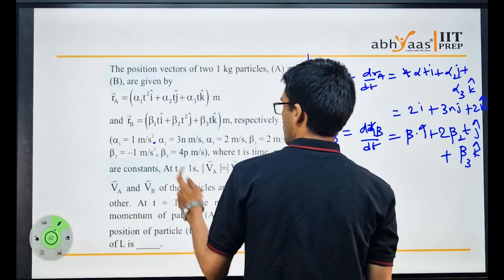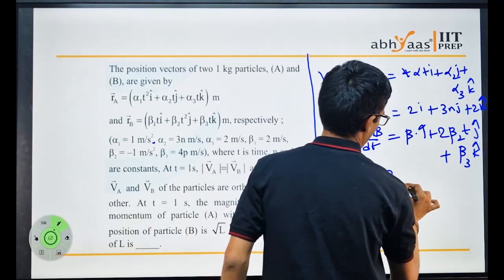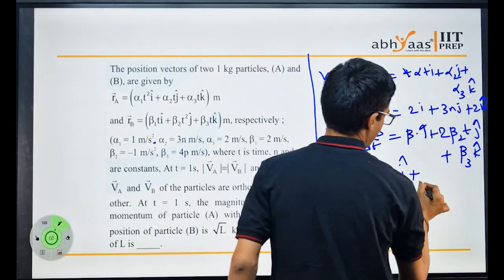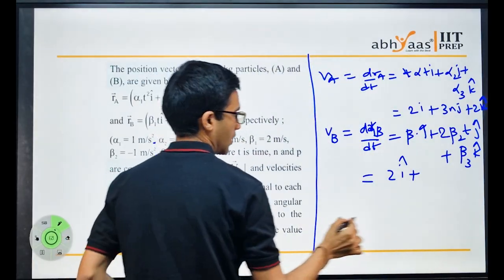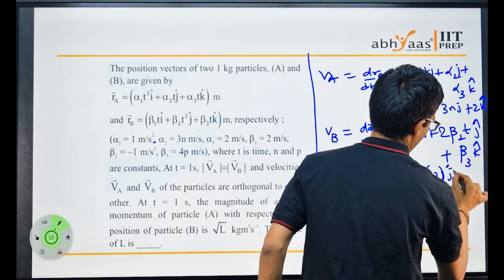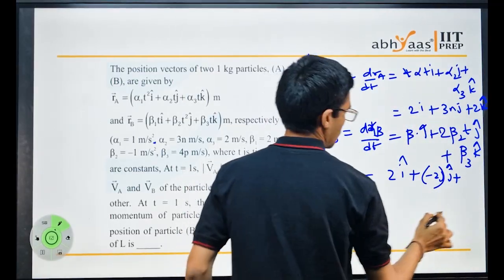The beta values are also given, that is 2 i cap plus 2 into minus 1, that is minus 2 j cap, plus beta 3 value is 4p k cap.